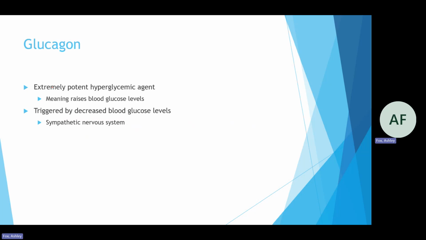So glucagon is what we call a hyperglycemic agent, meaning it's going to increase your blood glucose. So this means we want glucose circulating in the blood.